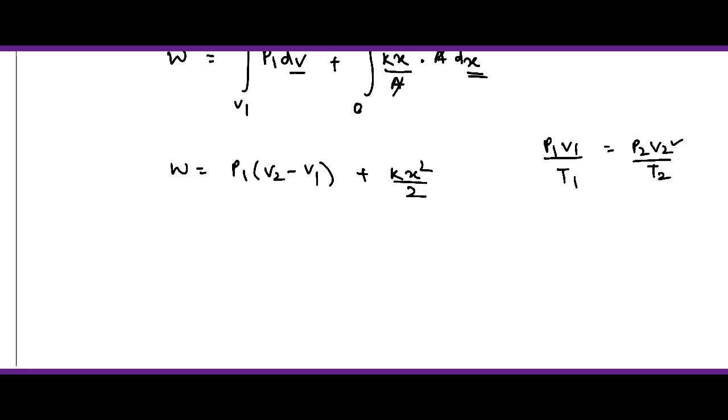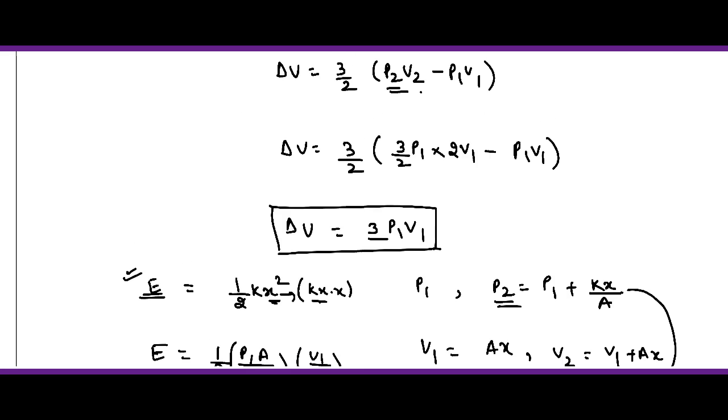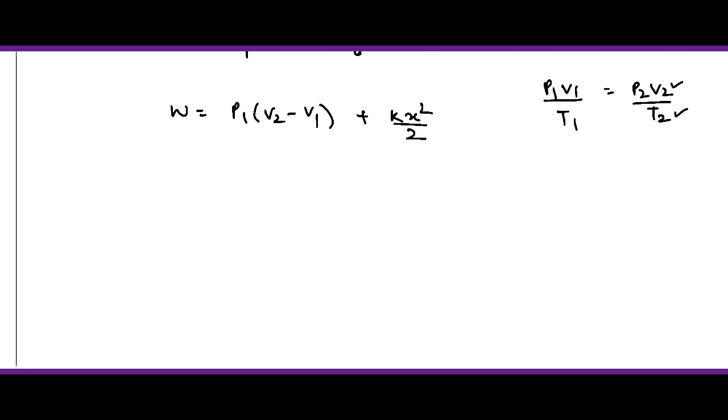The value of V2 and T2 is given in the statement that my V2 is equal to 3V1 and T2 is 4T1. So putting these values, I will find out my final pressure, that is coming out to be 4 by 3 P1.